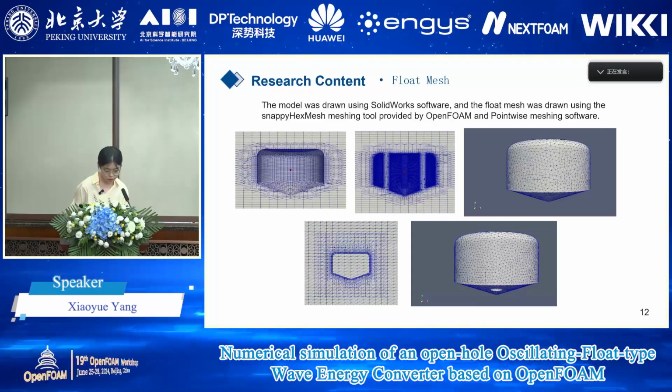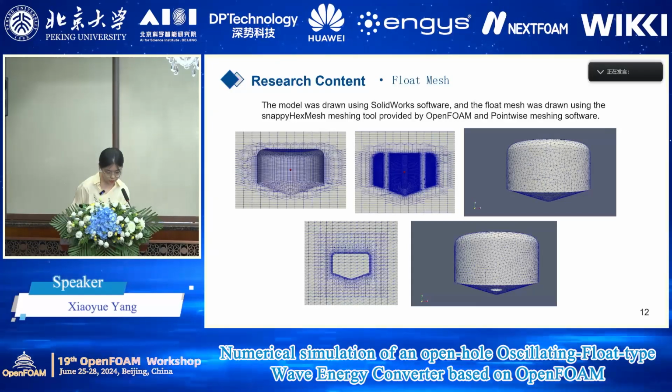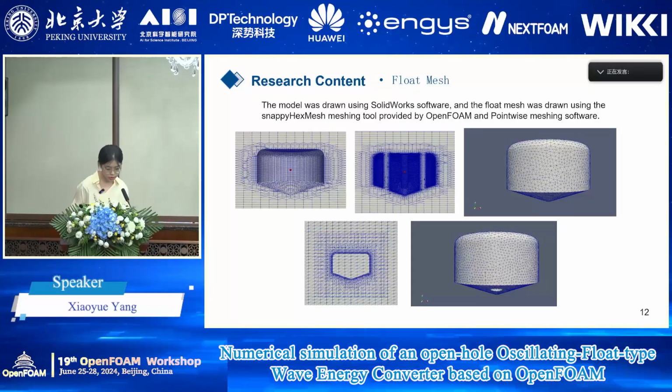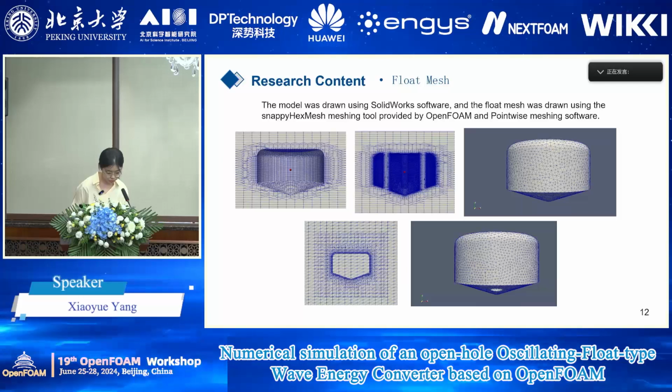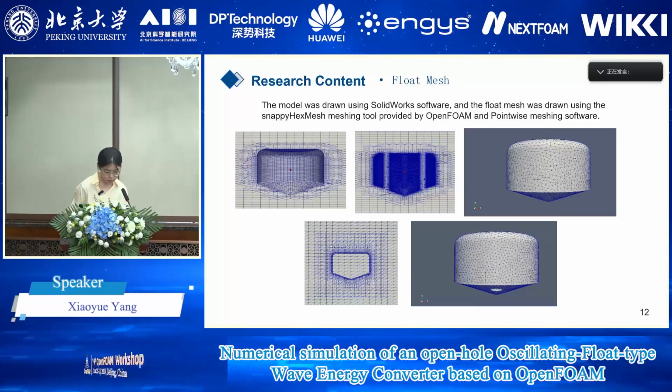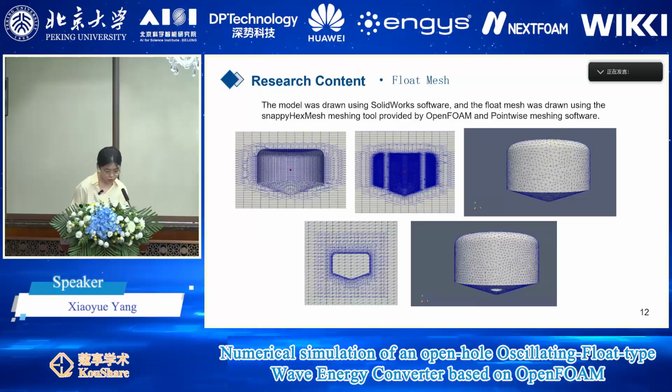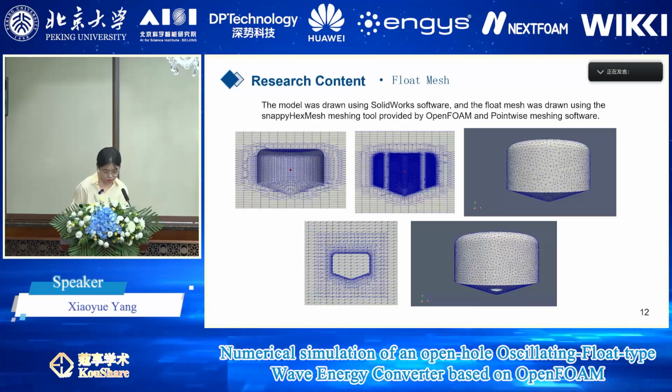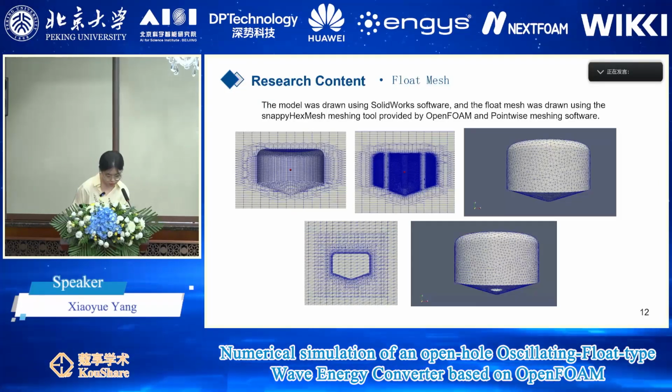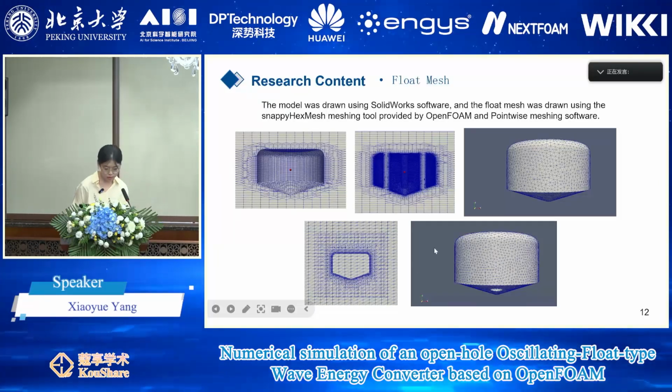First of all, the STL file of the model is imported into OpenFOAM, and the mesh is generated with its own snappyHexMesh tool. Another method used Pointwise software to generate the mesh and import it into OpenFOAM, and we finally selected the mesh generated by Pointwise.